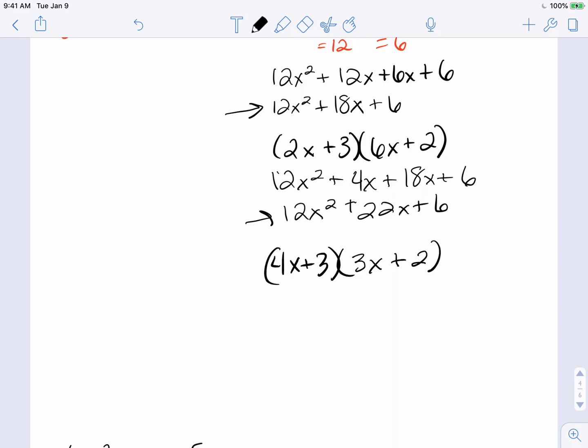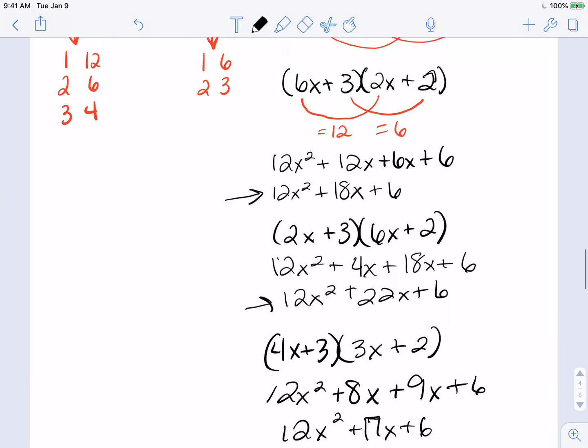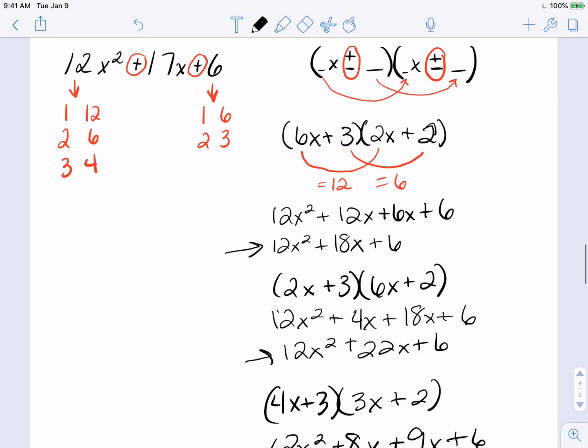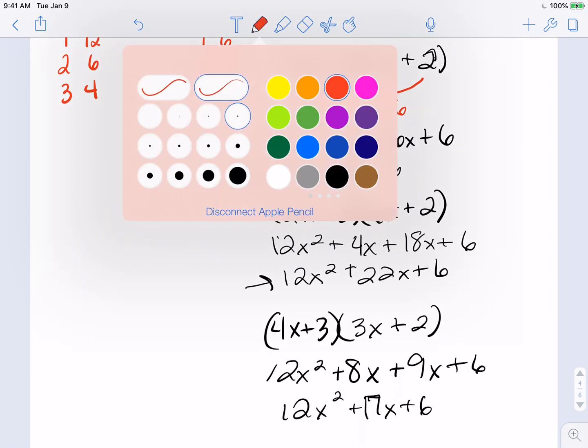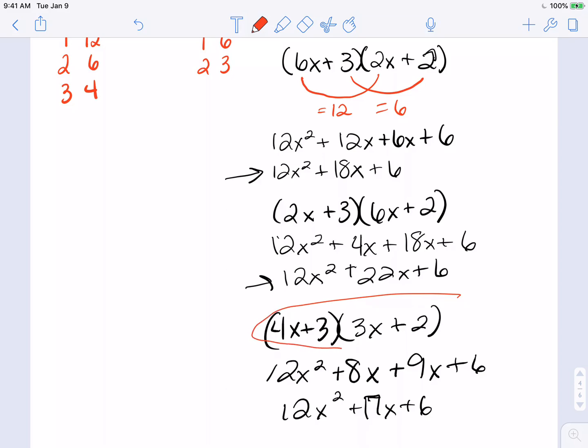But 4x times 3x is 12x squared. 4x times 2 is 8x. 3 times 3x is 9x. And 3 times 2 is 6. So we've got 12x squared plus 17x plus 6. And that does match our original equation. So our answer is 4x plus 3 times 3x plus 2.